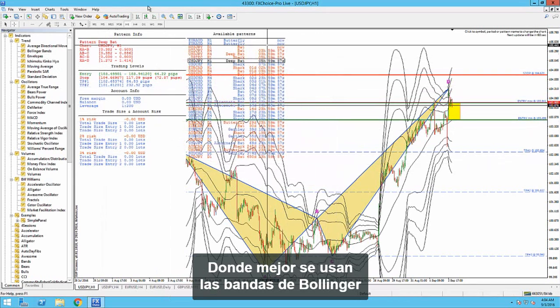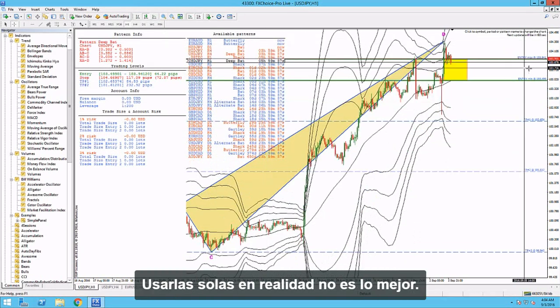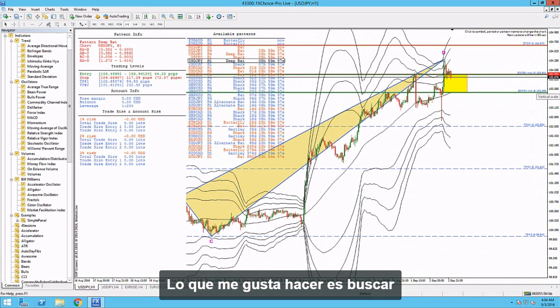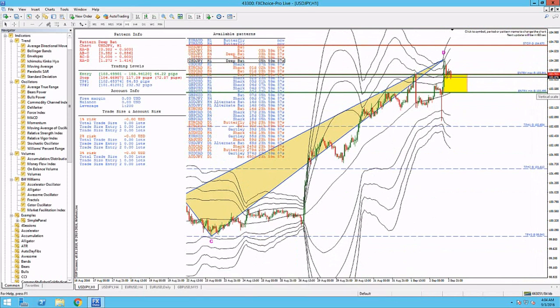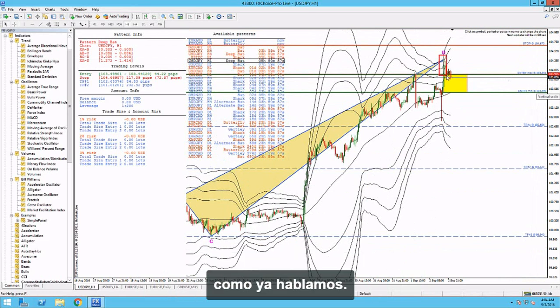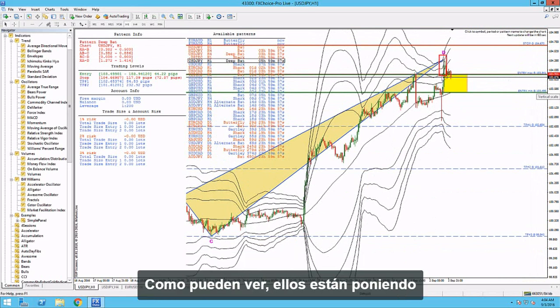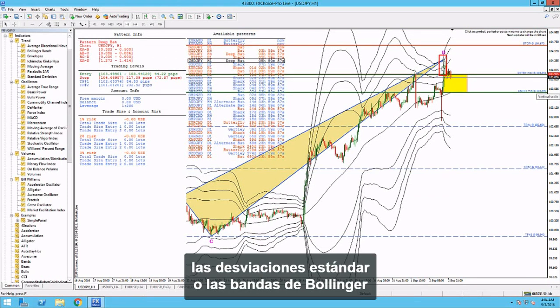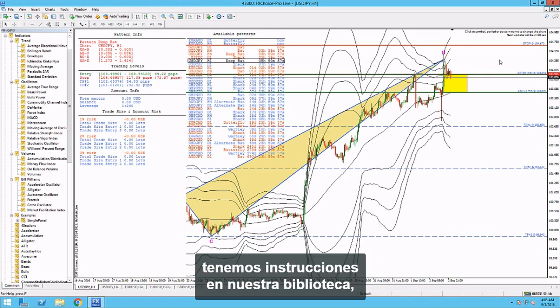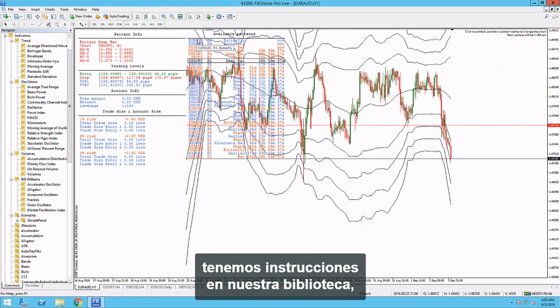Bollinger Bands are best used with other patterns. Using them alone is not really the best. What I like to do is look at chart patterns with them. I look at prior swing highs and swing lows, as we discussed. As you can see, they're pushing into the standard deviations, or the Bollinger Bands, into the sell area of the harmonic pattern that we have, which we have education on in our library.